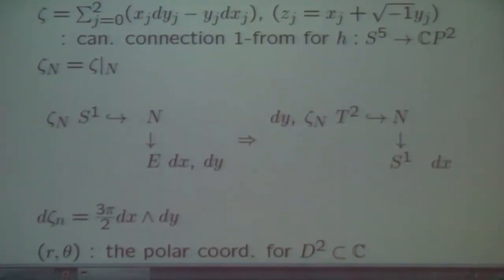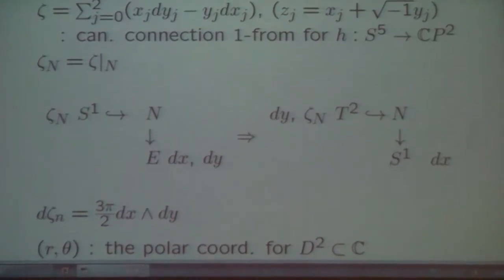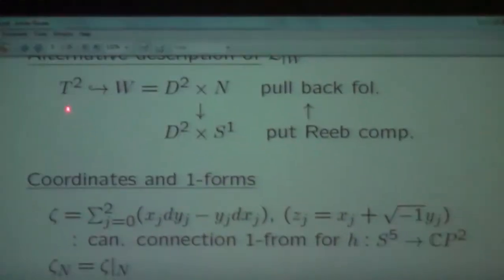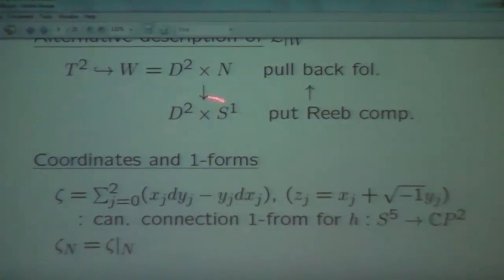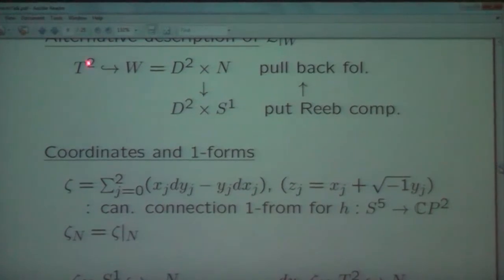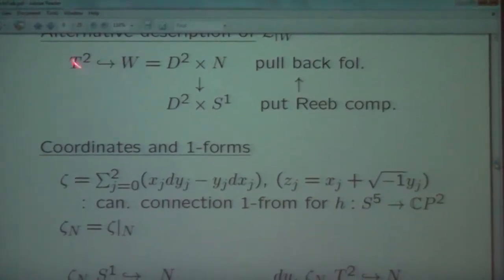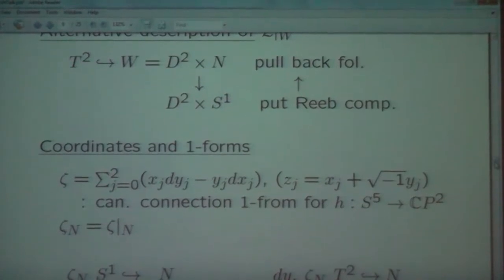So if you take a canonical area form for fibers in the tubular neighborhood, please look at the top. The tubular neighborhood has this structure: it's a T2 bundle over a solid torus. If you put a canonical area form on this T2 fiber, it's dy wedge dx.